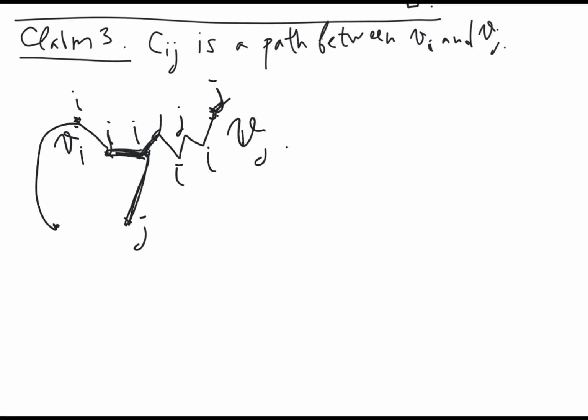So let's first consider the case of Vi. Let's say there is also a vertex, of course with color j, that is adjacent to Vi in this connected component Cij.